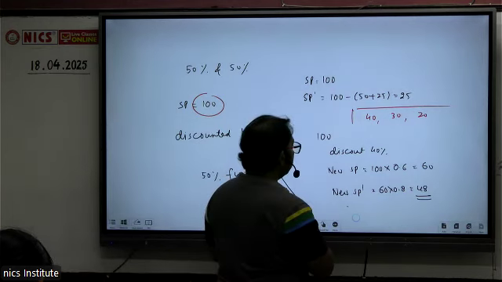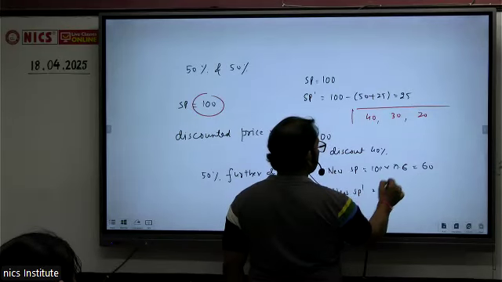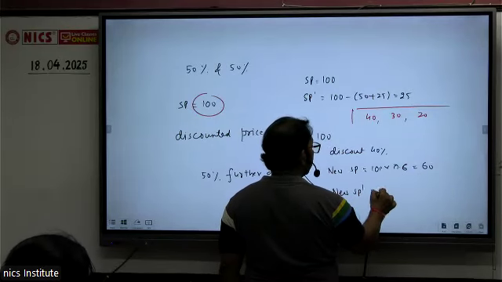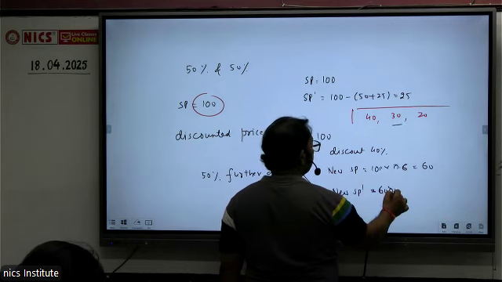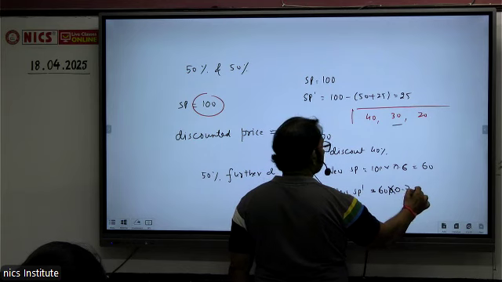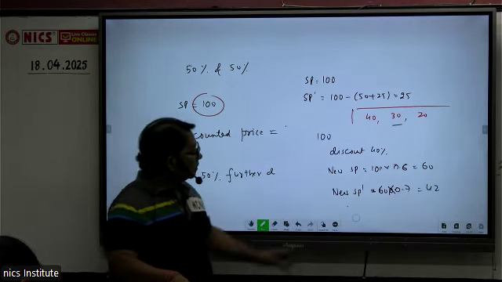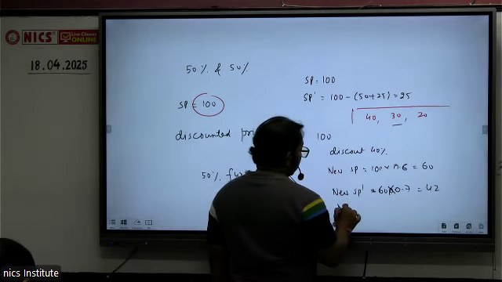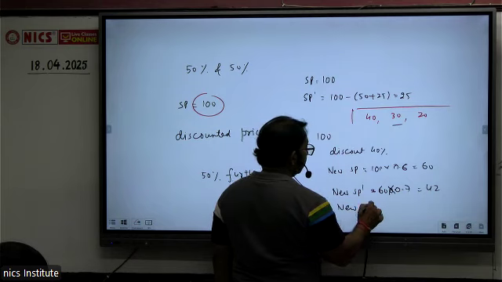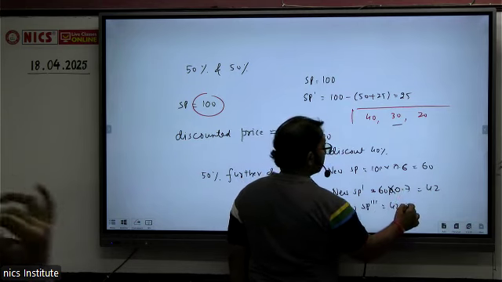Which I have missed, 30. Okay, all right. So suppose this is 60 rupees. On 60 rupees, you're getting 30% discount. That means 0.7 into 60, the new SP, 42 rupees. And then you further get a 20% discount. The new SP would be 42 into 0.8.